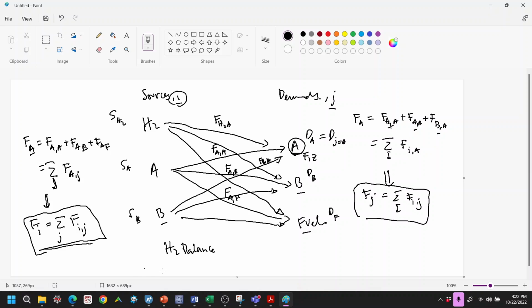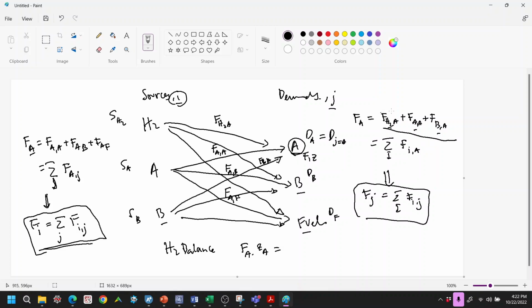So you can then say, okay, for every A, the flow rate A times the concentration of hydrogen in A has to equal, then you can use all of this, because what is going to A is all of these streams, right?